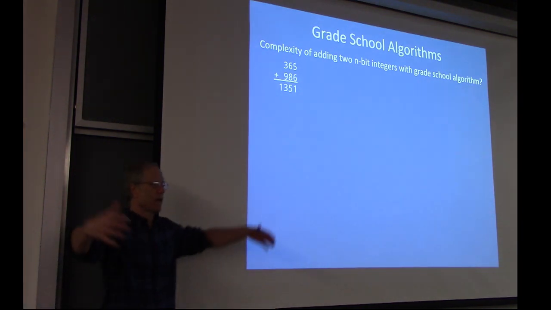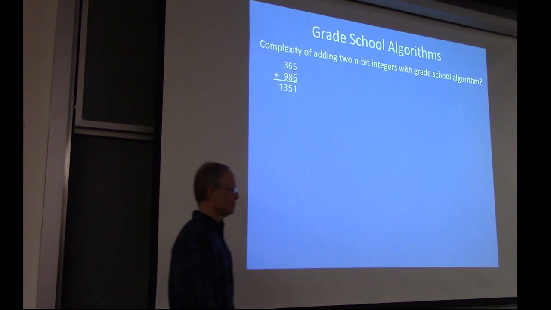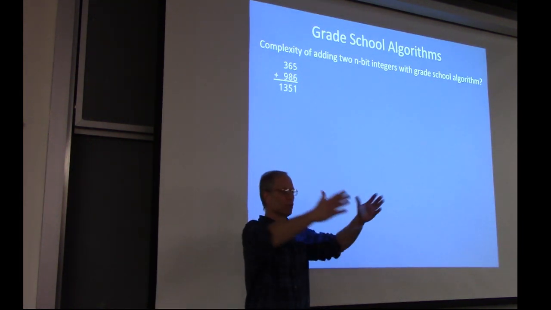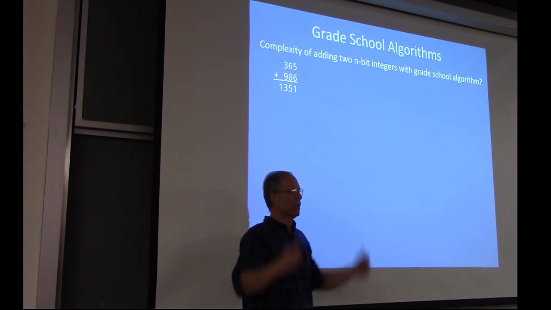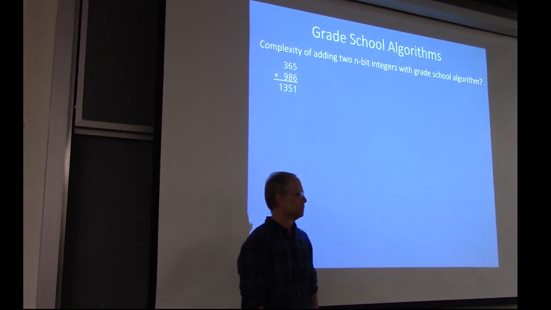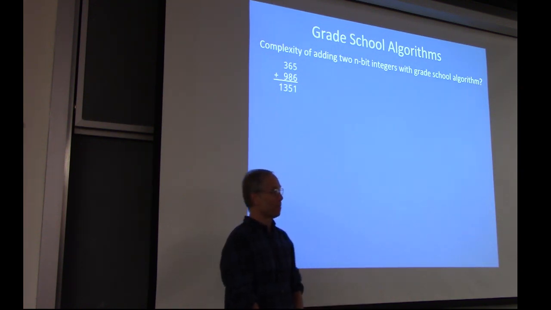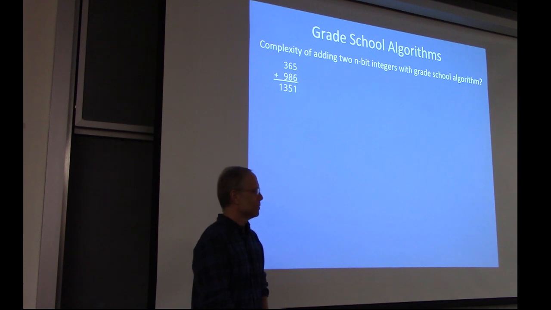Well, x can be gigantic. x can be trillions or quadrillions, however big x is. It depends on the number of bits in x, right? How many bits are in x? I didn't say n. You've got to get the answer from x. It's log x.